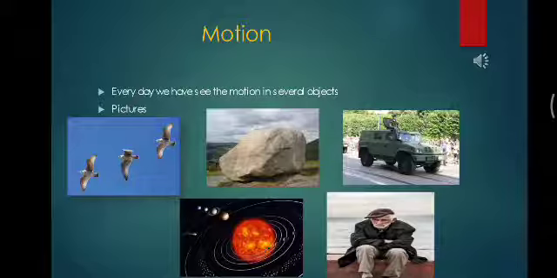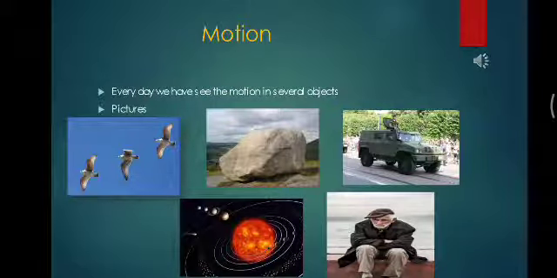And the next picture is the solar system. In the solar system, motion is also present because the planets revolve around the sun, which we can't see directly. That's why in that picture we see the motion indirectly.